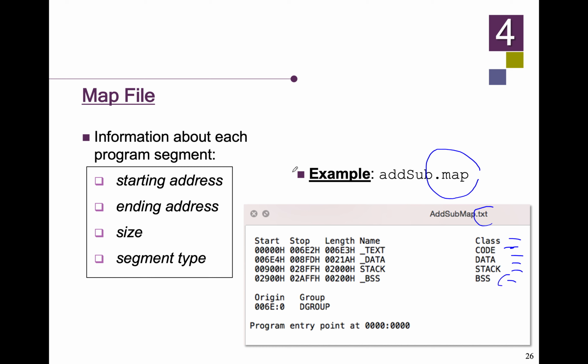The elements in your map file are the starting address, and then your end address, your size, and you also have the segment type. So you have length, and then your segment type over here. This is the starting address, this is the stop address for each of your codes, line by line.